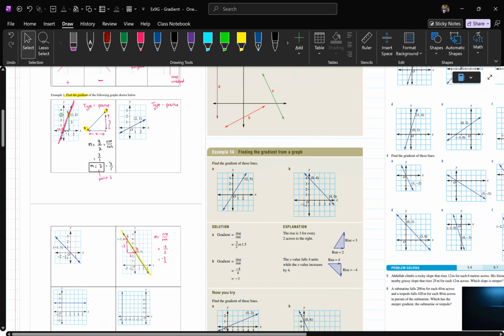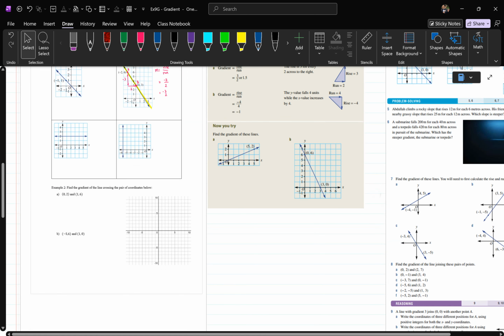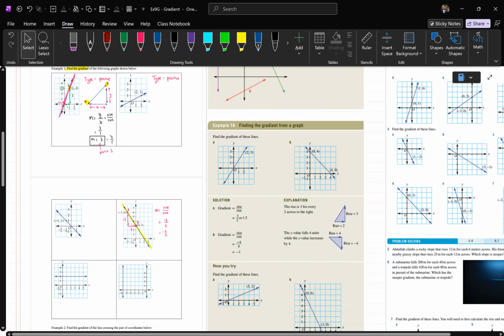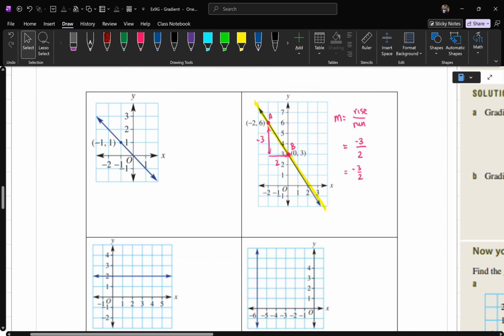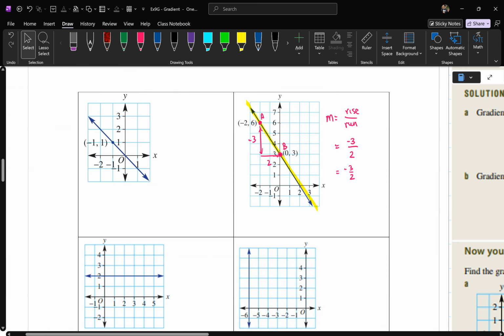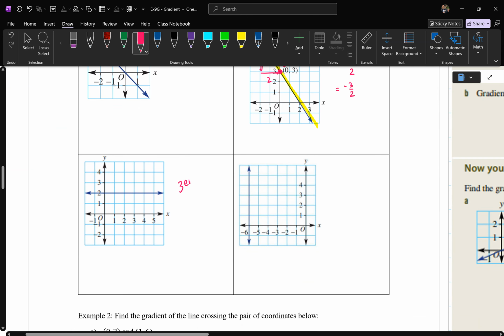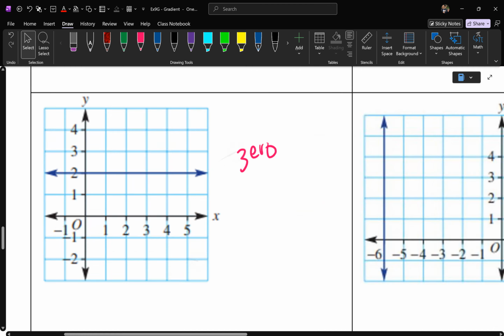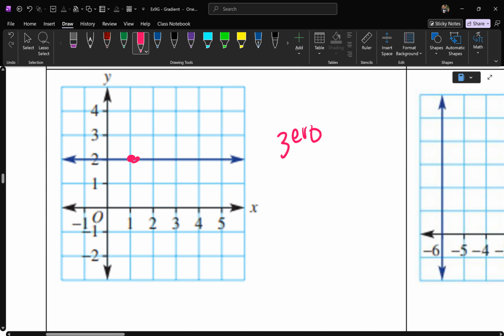Okay, hopefully that's giving you a bit of a direction on how to answer these questions for the types. The last bit of today is that sometimes you don't always have to have a graph to work out the gradients. This is clearly a 0 gradient because it's horizontal. If you pick 2 points, we can prove it. Say this point is 1, 2, and another point is 3, 2.